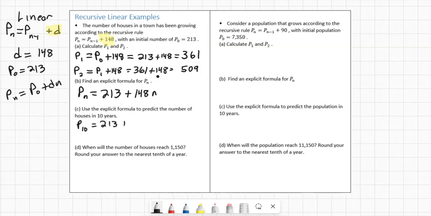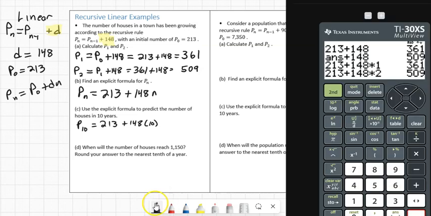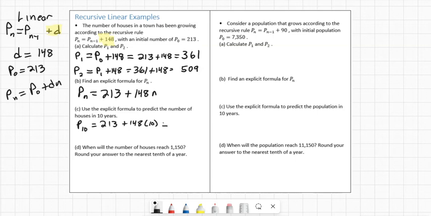Well, we could argue that we need more information, or we can assume. So 213 plus 148 times 10 is 1693, and that would be in units of houses.